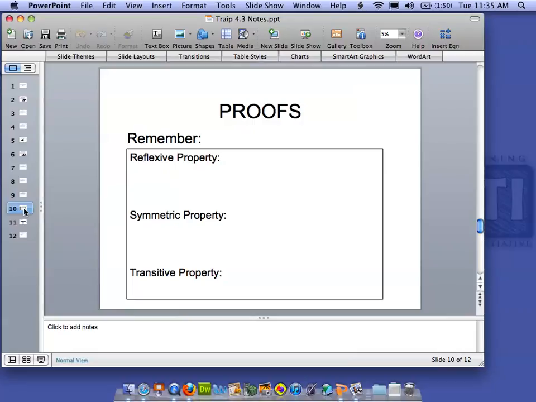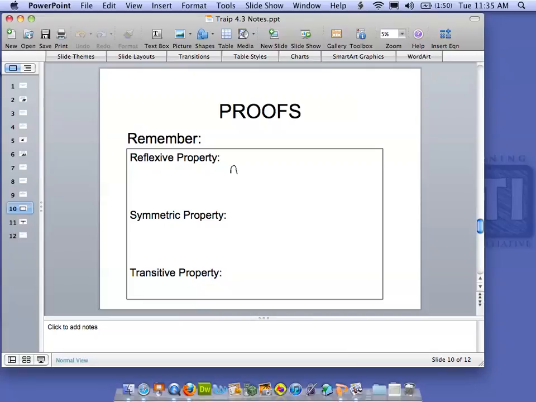Okay, and we're going to be using some of the properties that we learned in order to do some of our proofs. And so I just want you to go back and remind yourself what these properties say. The reflexive property says that anything is congruent to itself.